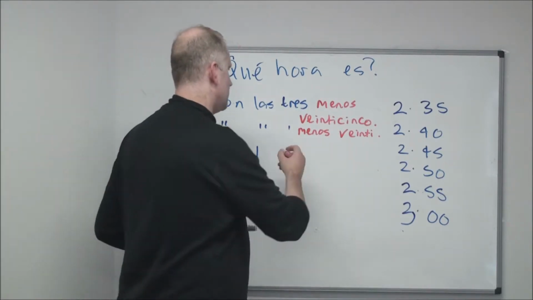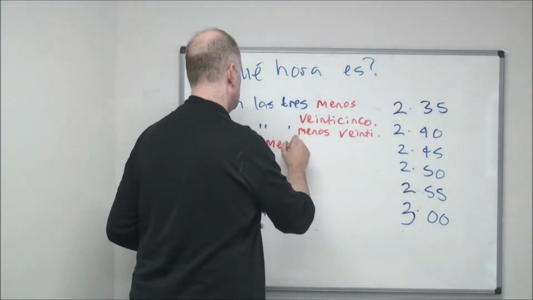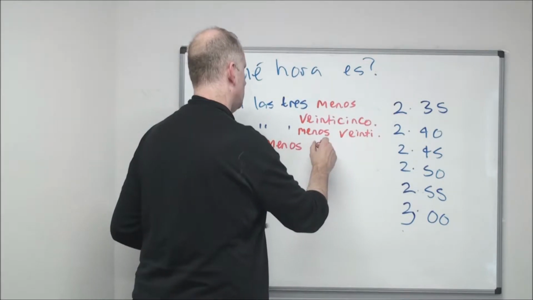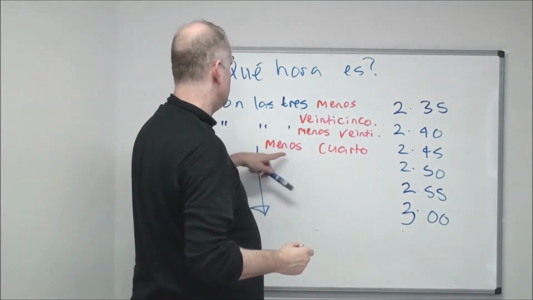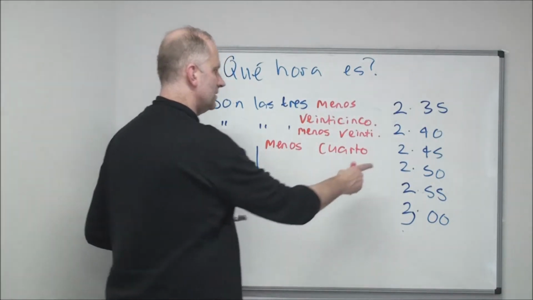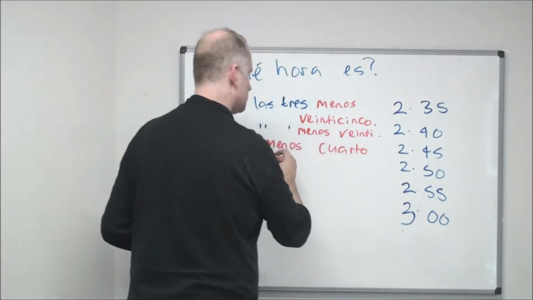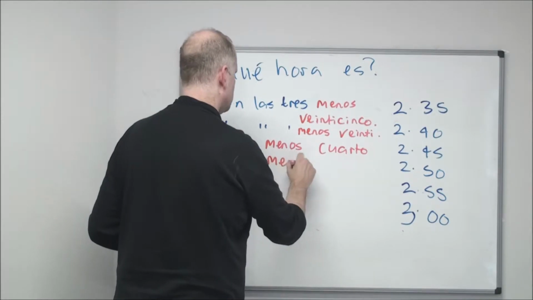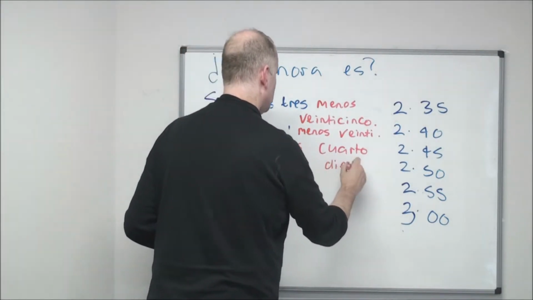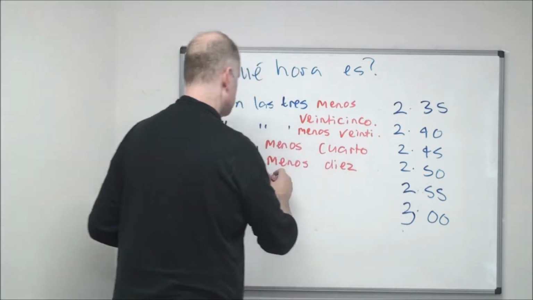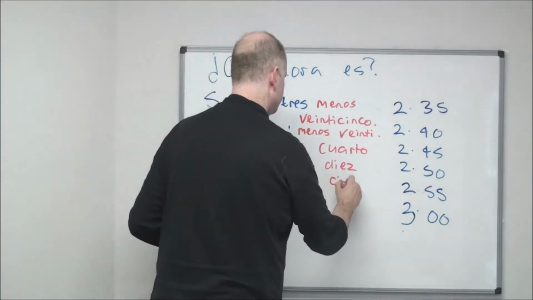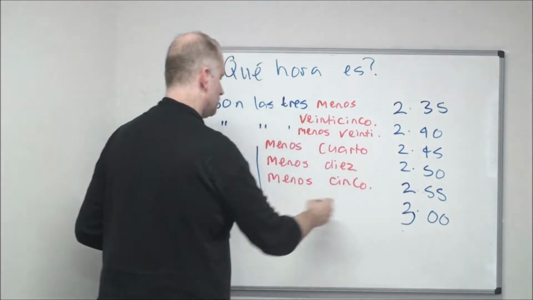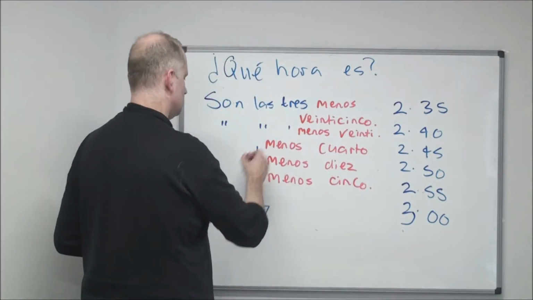So son las 3 menos cuarto. Son las 3 menos cuarto. And then 10 to 3, son las 3 menos 10. Son las 3 menos 5. And now son las 3.